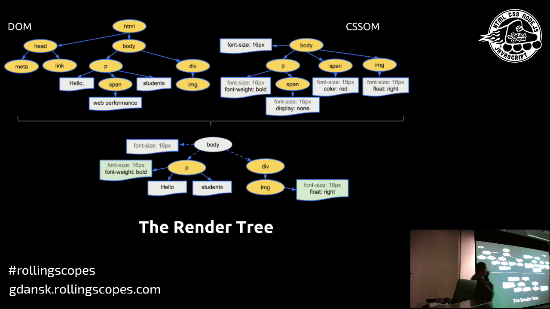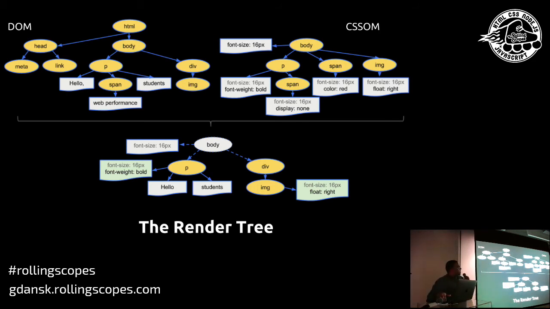And still, this render tree sometimes looks the same as the DOM, but it's not the same, because we are missing some head parts that will not be printed, as you can see. The display none tag nodes are not here, and you can put some other components from the CSS part. If you use pseudo selectors like after or before, and you set content on them, they will be included here in the render tree, not in the DOM.